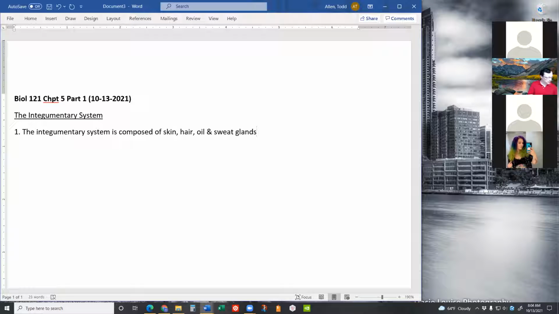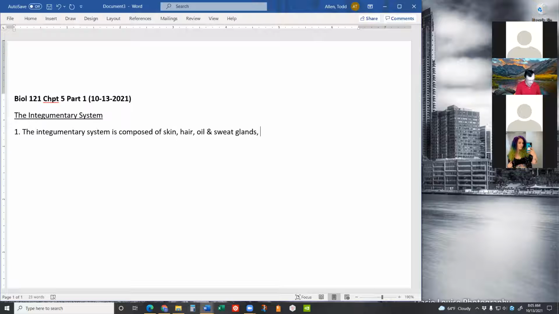And then below that, several terms down, you also have 2 different types of sweat glands. I'm pointing out that these structures we're putting in your notes are in some way associated with the anatomy of the skin. So the integumentary system is composed of the skin, the hair that pushes through the skin, and the oil and sweat glands that are in the dermal layer of the skin.